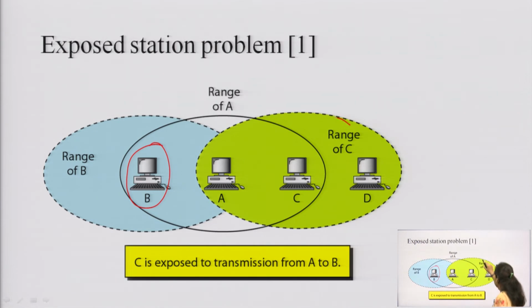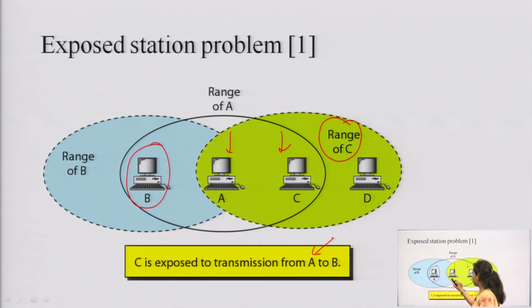Then this is using the range C, these computers are present in D. Then A and C computers are also present over here. This is C exposed to transmission from A to B.